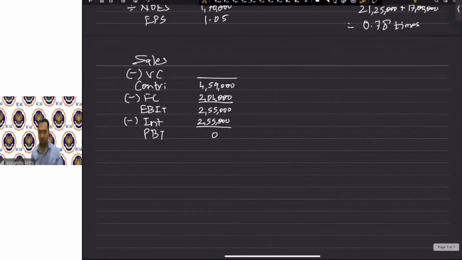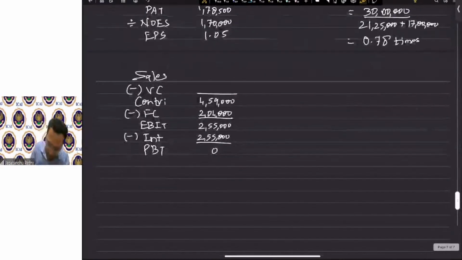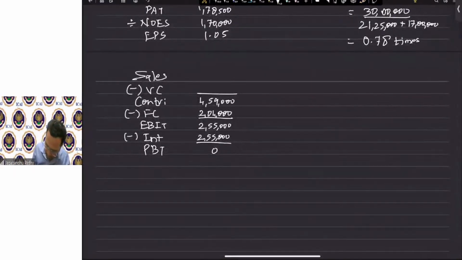So now, how do we get the sales figure? We know the PV ratio is 23.8%. Sales is 100%. So variable cost should ideally be 76.2%.